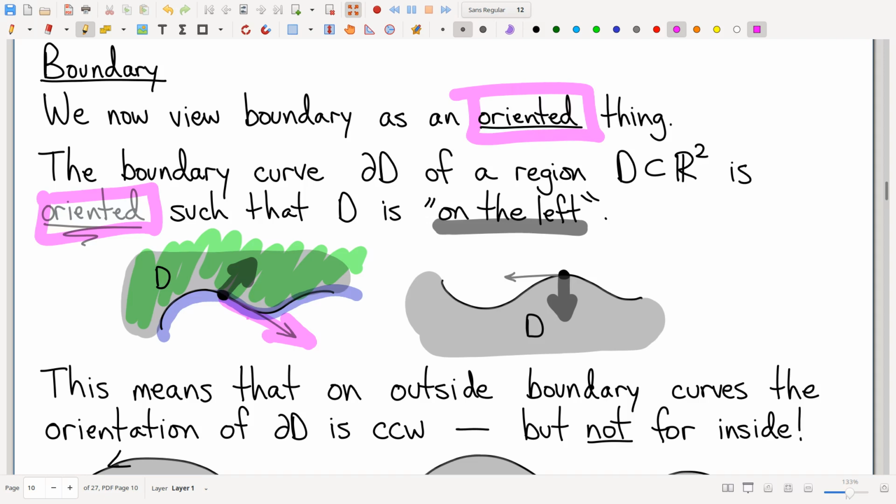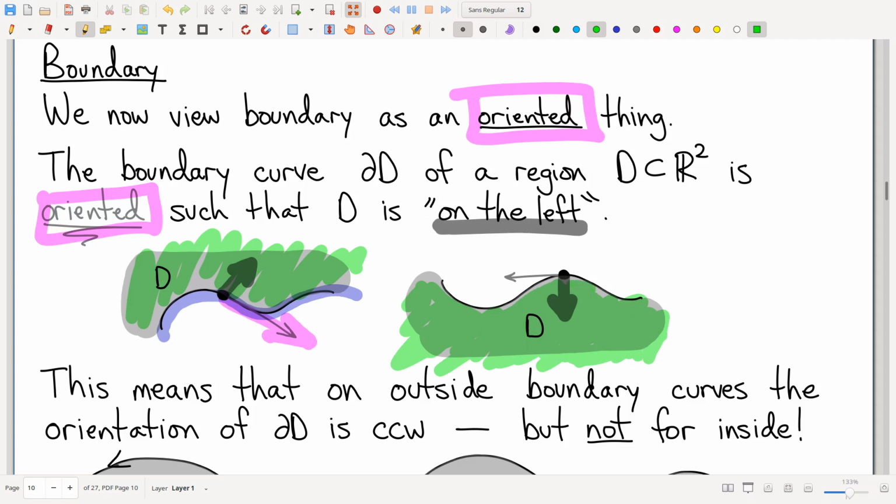So one way to think about this, you might imagine the region as being like a lake or a pretty little pond or something, and there's a little walking trail that goes around. Always walk around on the trail in whichever direction has the scenery of the pond to your left. Okay. So in this case, it's the purple direction I have indicated there. Now, if I were to imagine the top part, maybe this is looking at the northern shore of this lake.